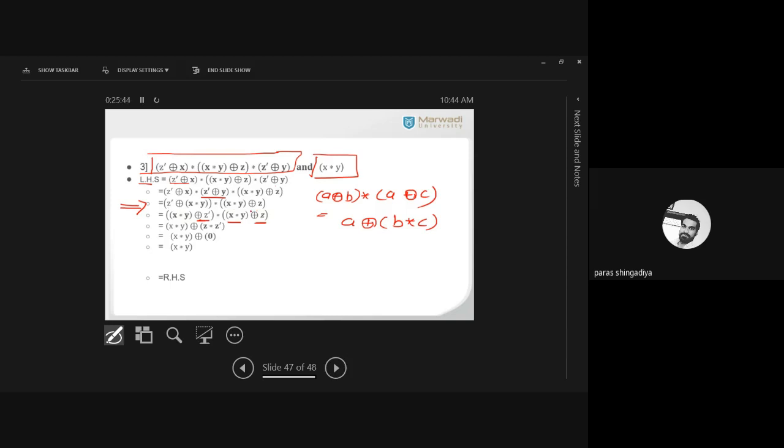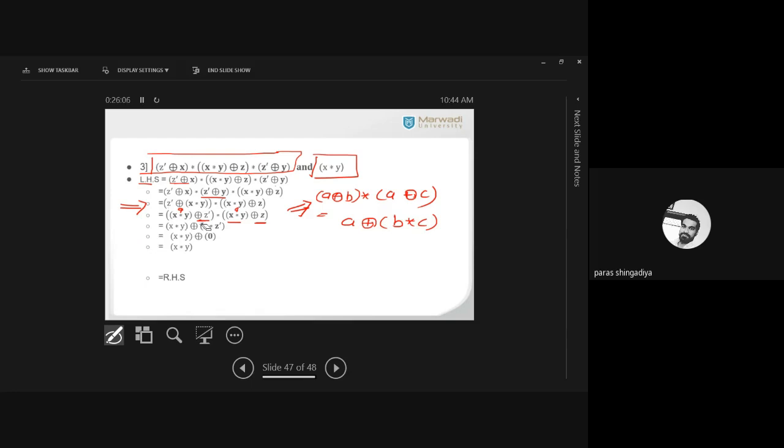Now apply the same formula, a ring sum b star a ring sum c, where a means the bracket, that is x star y, and b and c mean z' and z. Clear?